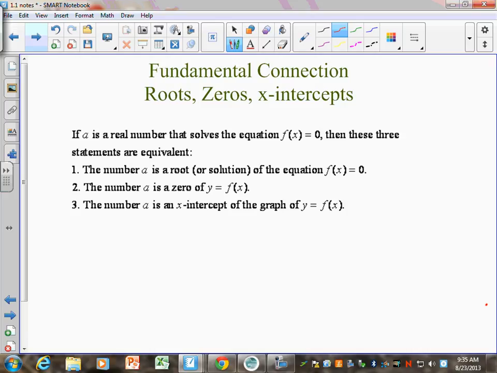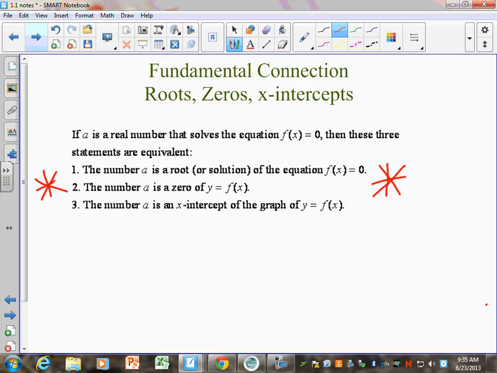Okay, so roots, zeros, and x-intercepts, you should know this, but it is super important. I think there's a test that you take in Algebra 2 where you had to list all the ways, like what is the same as a root, and you had to write the zeros and x-intercepts, remember that?